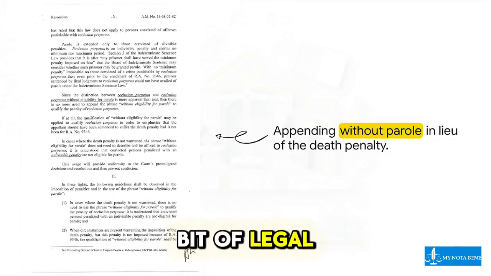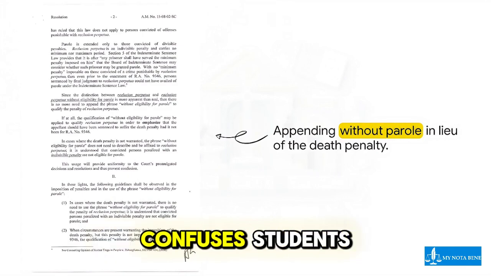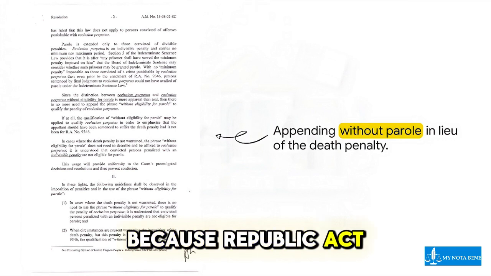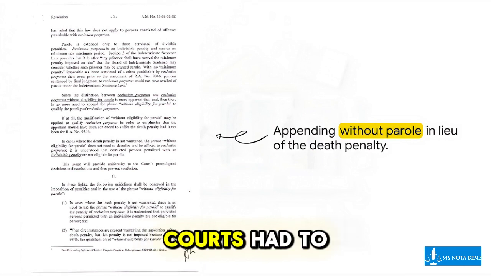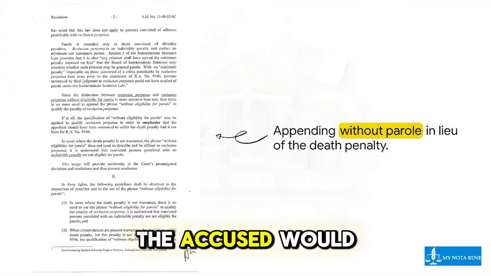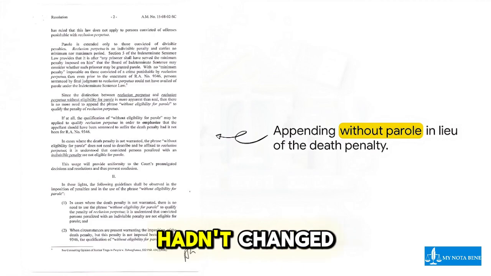Now, here's a bit of legal history context that constantly confuses students. Because Republic Act 9346 prohibited the imposition of the death penalty in the Philippines, courts had to find a way to substitute it. So they now append the highly specific phrase, without eligibility for parole, to the penalty of reclusion perpetua. They do this to prevent any confusion and to really emphasize that the accused would have suffered the death penalty if the law hadn't changed.